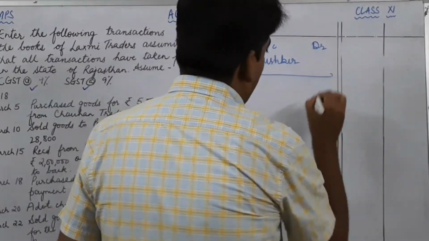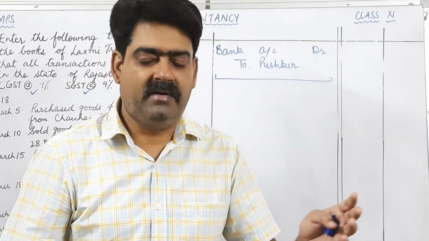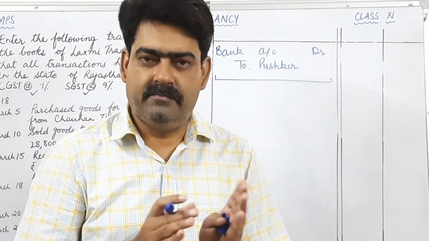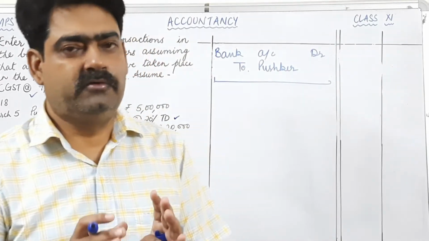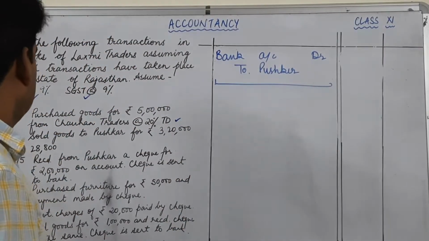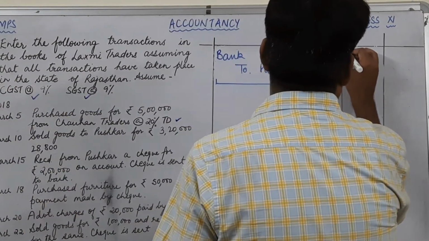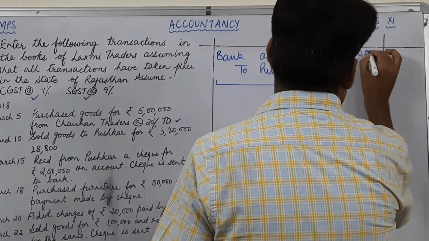And always remember one thing, at the time of receiving payment and at the time of making payment, there will be no treatment of input CGST as well as output CGST and SGST. Okay. So simply we are receiving check from Pushkar rupees 2 lakh. So bank account debit to Pushkar rupees 2 lakh will come.